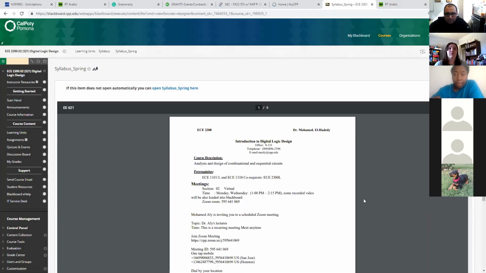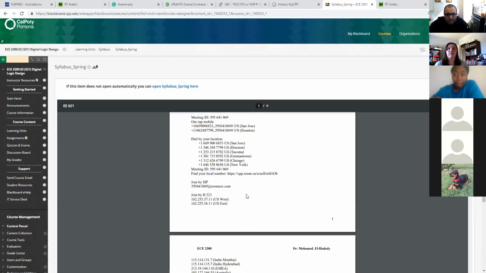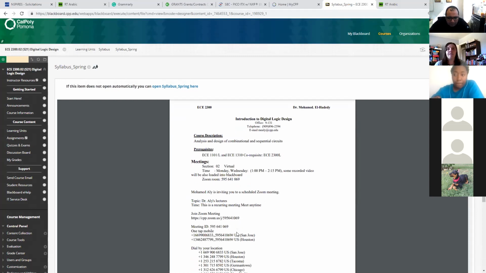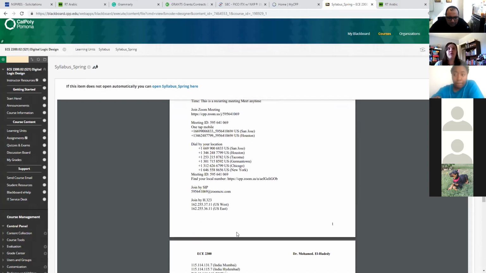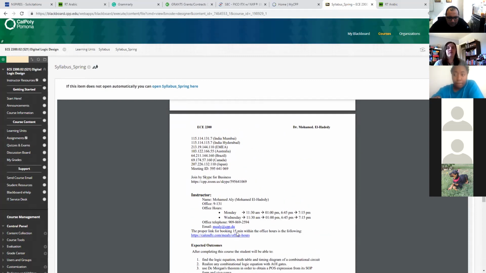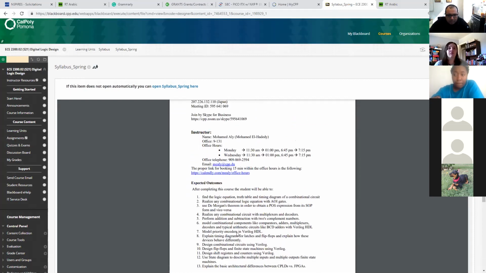Now we are going into what we're going to use: the Zoom room, which has this ID number, and all of you are already using it. Here is information about the whole thing. If you cannot access it through the computer, you can access it through the phone, and all of this info you can find there.